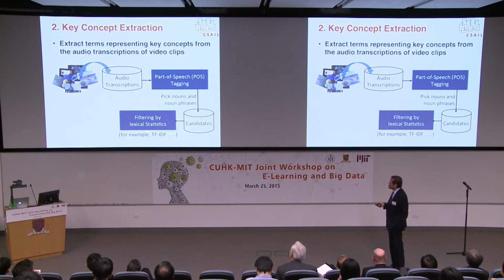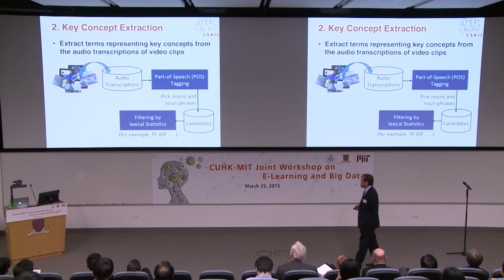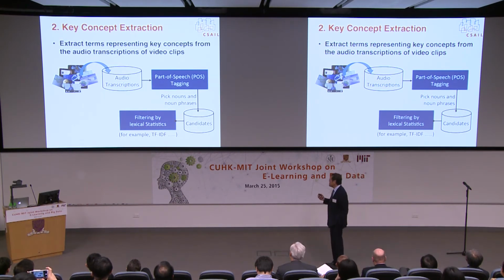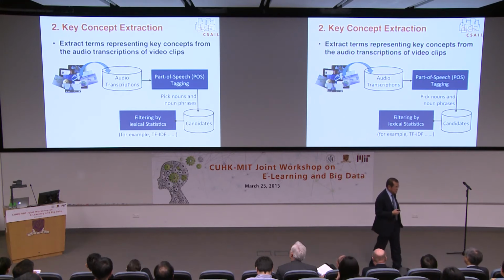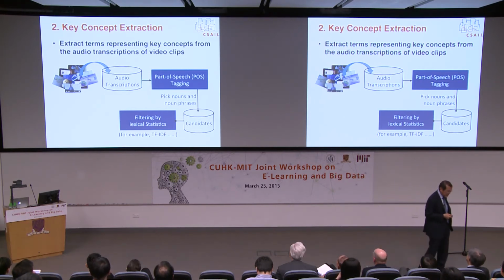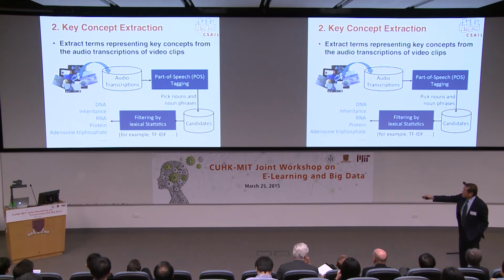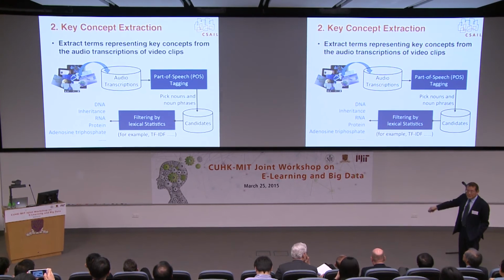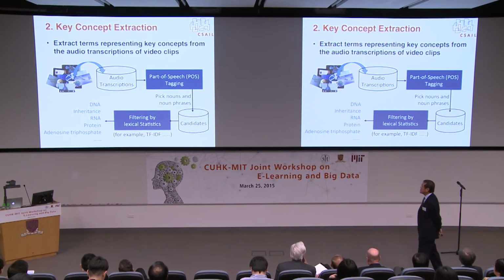And then we filter by some lexical statistics. For example, in our case, we were using TF-IDF, term frequency inverse document frequency type of measurement. Once that is done, we get a bunch of phrases, for example, for a computational biology course.